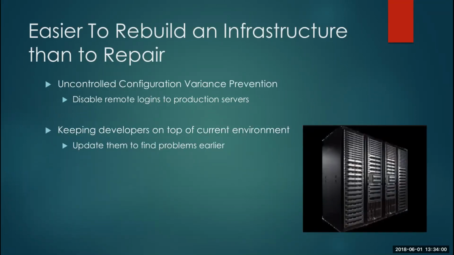What other companies are also doing is preventing uncontrolled configuration variances, where remote logins to production servers are disabled or routinely not allowed. This ensures that there are no more manually applied production changes. This pushes everyone to apply their changes correctly, which is through version control.